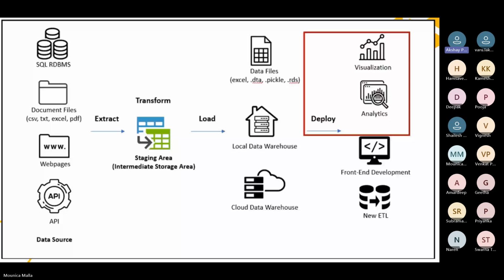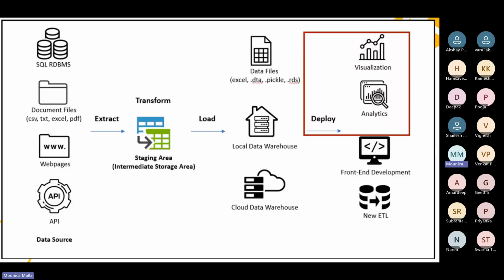Staging area is nothing but, we can't do any change there, and you are maintaining history. Taking the exact copy of the source data into the data warehouse is called staging. We will create one separate layer, or separate tables or separate storage, to store all the source data.